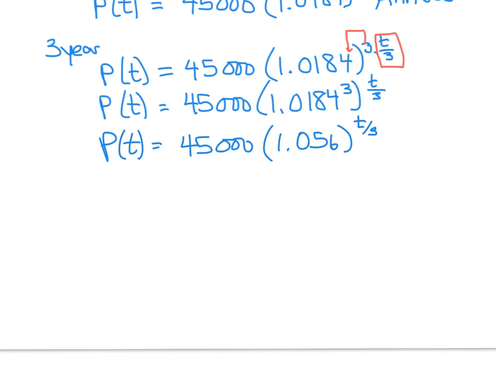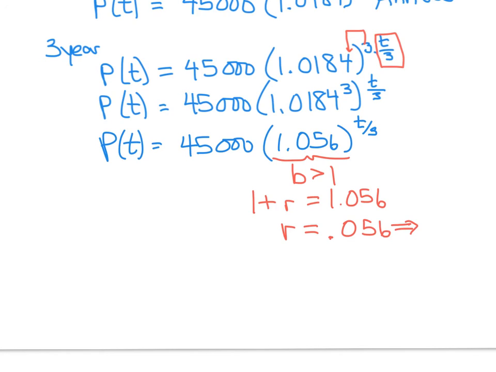So now we need to take a look at this b value. Again, I see that it's greater than 1, of course, so I've got growth. So 1 plus r must equal 1.056. So therefore, subtracting 1 from both sides of the equation, I see that the r is 0.056.